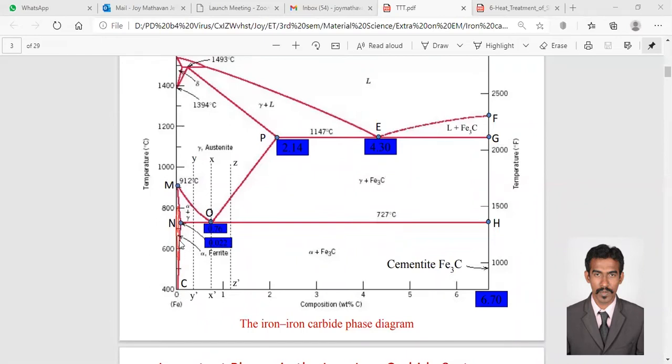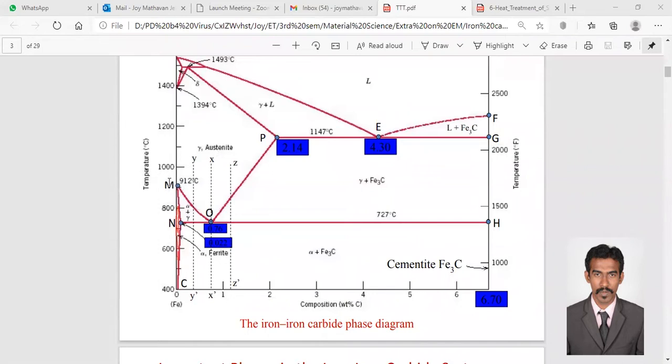When you heat it further at 912 degrees Celsius, it is changing to gamma Fe, that is austenite, right? So alpha Fe is called ferrite, gamma Fe is called austenite, right?